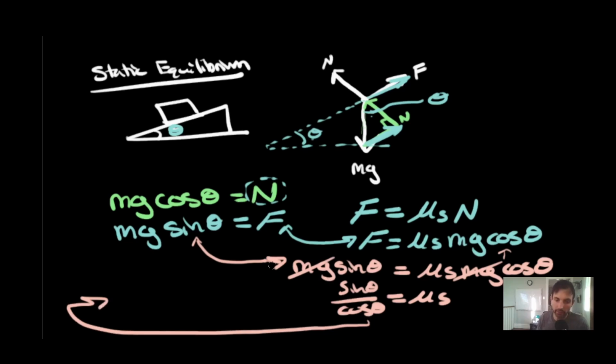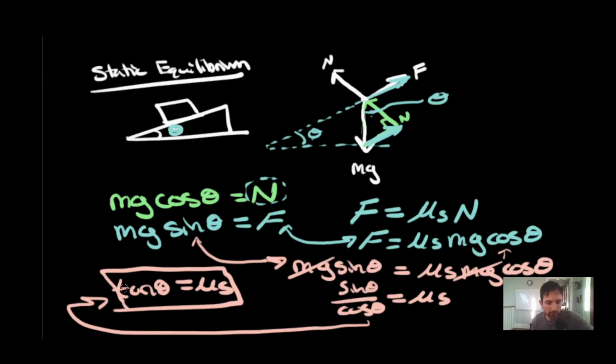Sine of theta over cosine of theta is tangent of theta equals coefficient of static friction. So the tangent of theta equals the coefficient of static friction.